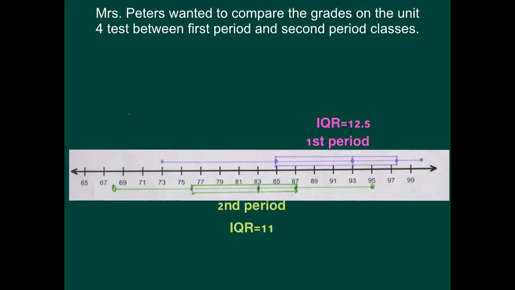There's more variation than there is in second period. The smaller the IQR, the smaller the variation. That means my 50% of that data that's in there is closer together than it is in the other set. Understood?